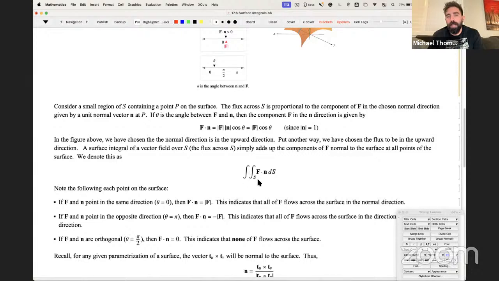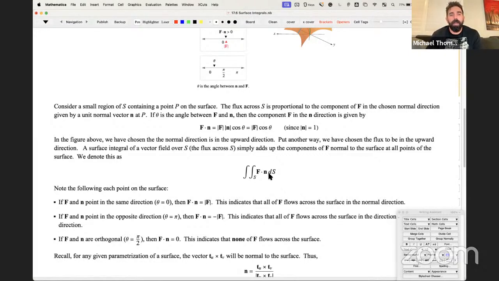So you write the two integral signs and you write an S, it's supposed to be underneath, but close enough. And then we're adding up all of these normal components of the vector field over that surface. And that's essentially what a surface integral of a vector field over a surface is, also known as flux.